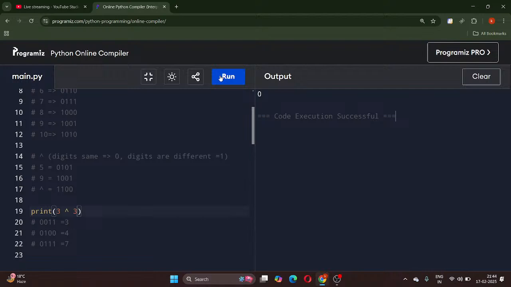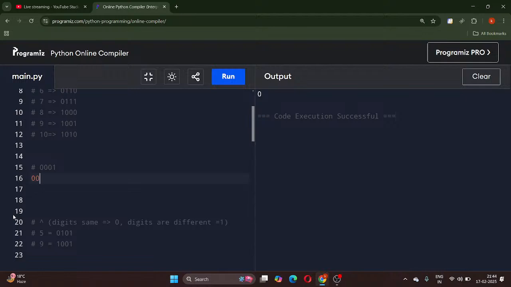Now there are two other operators which are very simple and very interesting, that are the left shift and right shift operators, right? How the left shift operator works is that, suppose you have a number, for example, 1. So 1 is represented in this way. And now I'm saying that we should left shift this number by one digit.